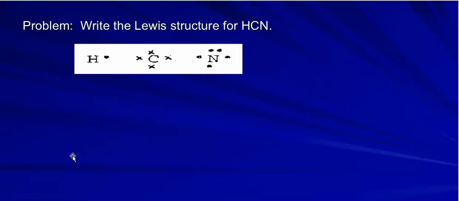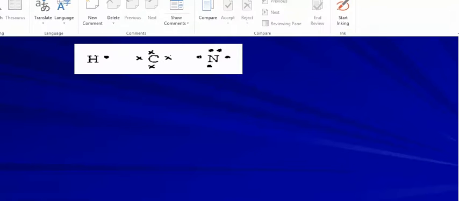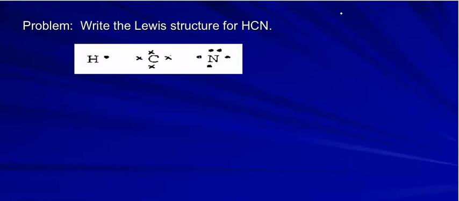Okay, now let's look at HCN. The central element is usually the least electronegative. Well, carbon is less electronegative than nitrogen, so carbon's going to be in the middle. Hydrogen has to be on the outside.